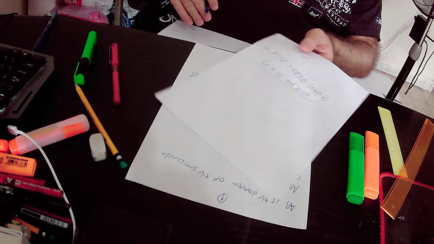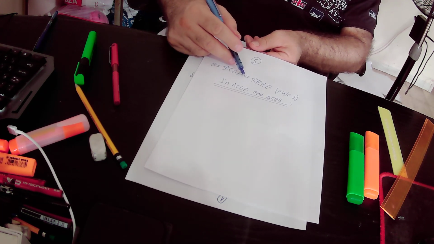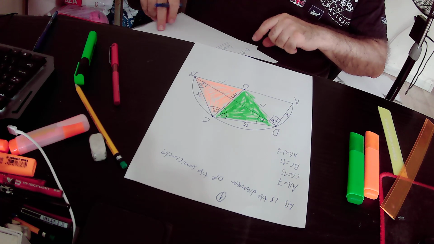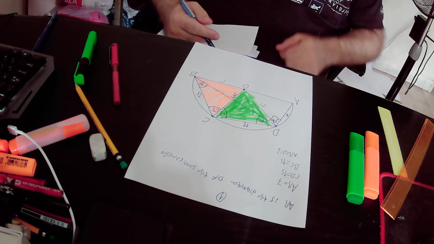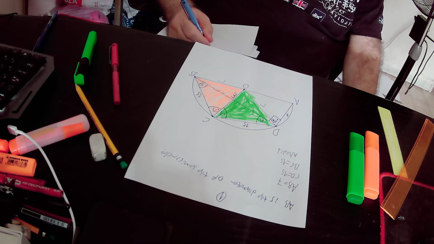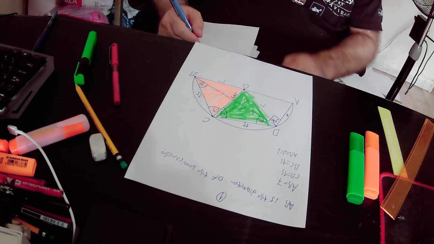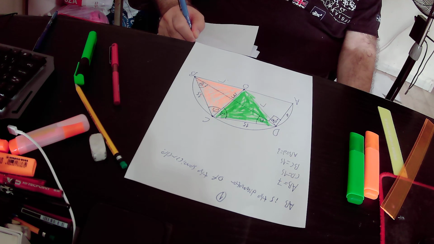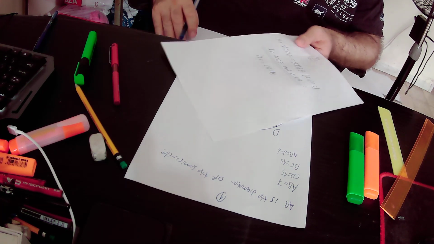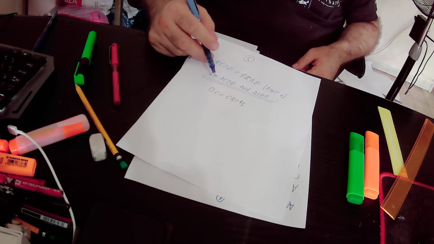First of all, we know that side DC of the green triangle is equal to side CB of the orange triangle, and both those two sides are equal to 15 units in their sizes.